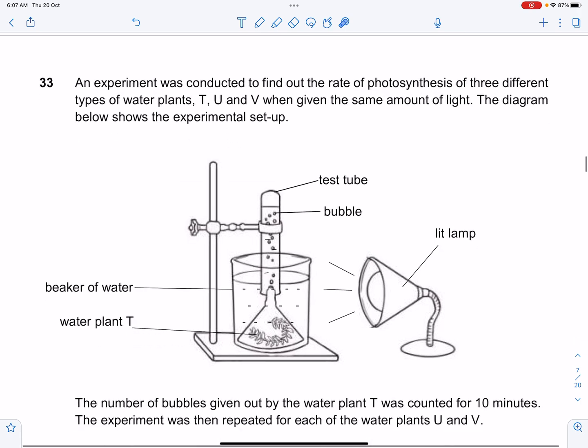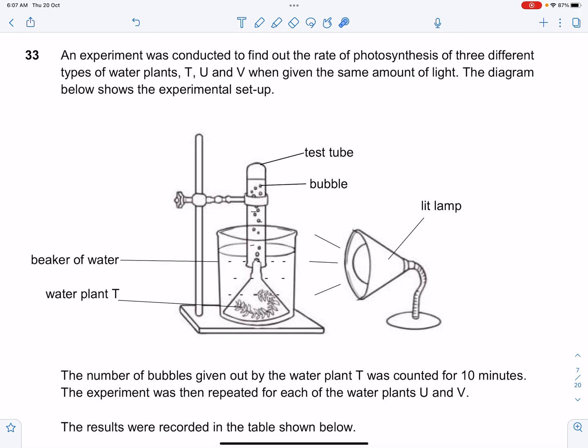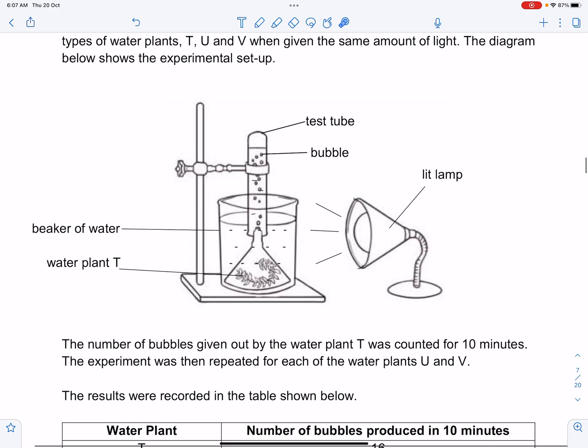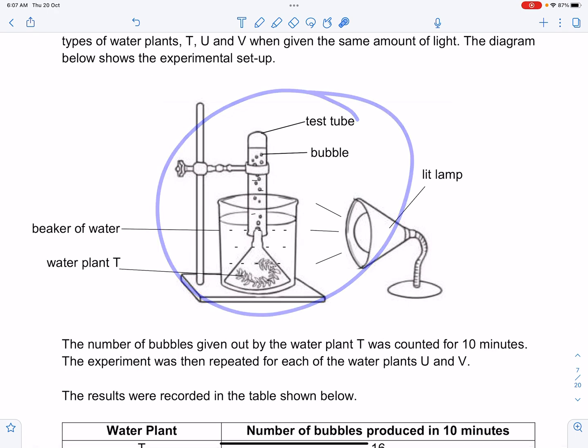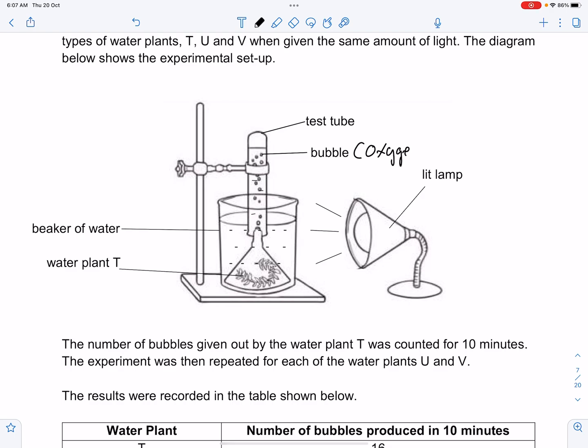Okay. 33. An experiment was conducted to find out the rate of photosynthesis of 3 different types of water plants, T, U, V, when given the same amount of light. The experiment below shows the experimental setup. So this is a very common experimental setup. You're probably counting the bubbles, the more bubbles, and these bubbles are probably oxygen. And why is it oxygen?